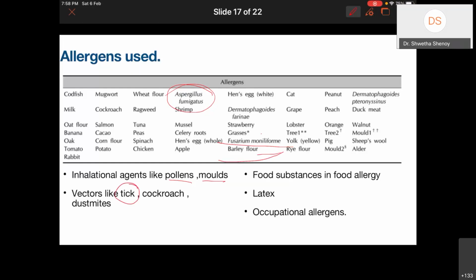Vectors like tick, cockroach, dust mites. If you can see here, there is this word called Dermatophagoides farinae. That is the fancy name for dust mite. That is referred to as DER P. DER P is Dermatophagoides pteronyssinus.